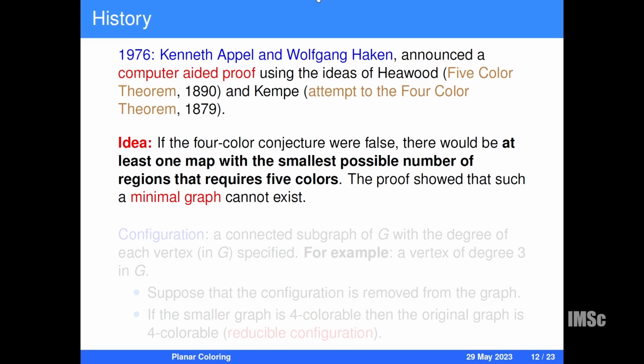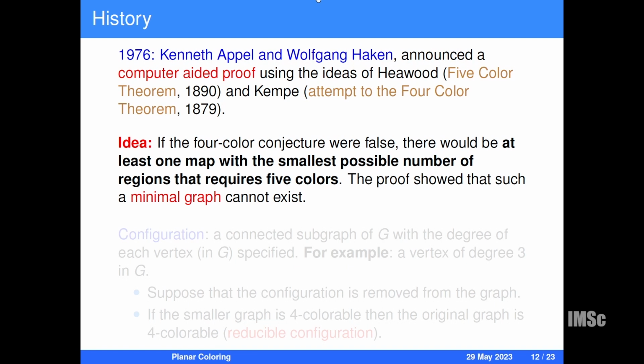So, the idea is the following. If the 4-color conjecture was false, then there would be at least one map with the smallest possible number of regions that requires 5 colors.